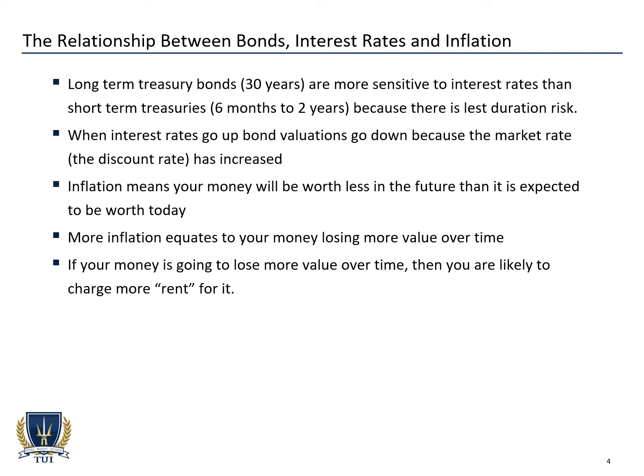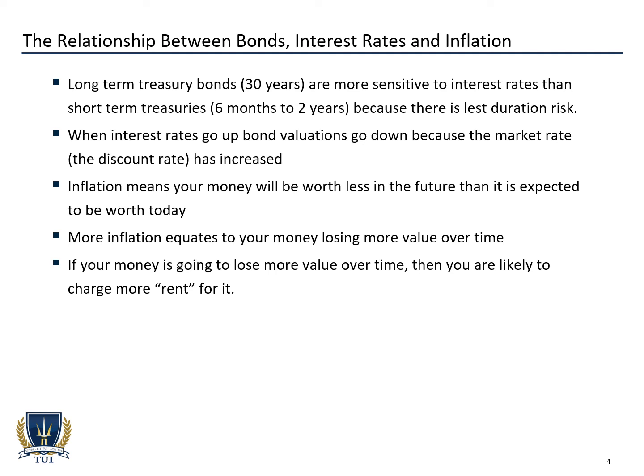So that change in interest rates is going to be compounded over time, right? So 1% per year for 30 years is more than 1% per year for 3. And so long dated bonds are much more volatile than short dated bonds when there's a change in interest rates.